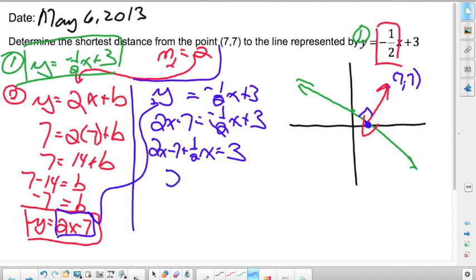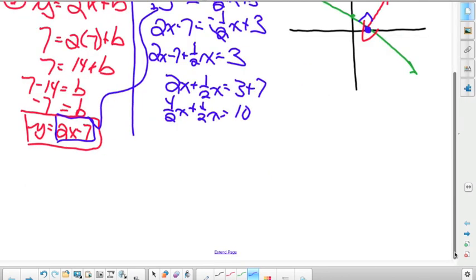So we want to add 7 to both sides. So we got 4 over 2 x plus 1/2 x is equal to 10. So that gives me 5 over 2 x is equal to 10.